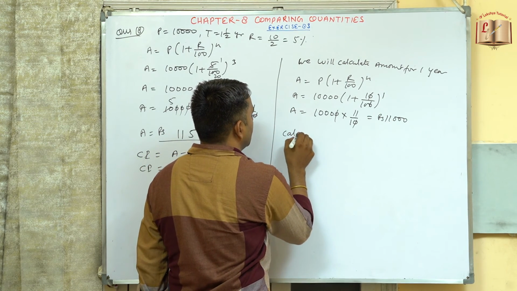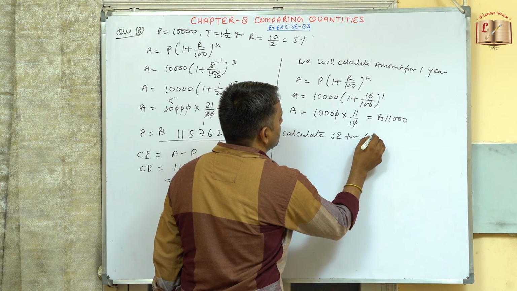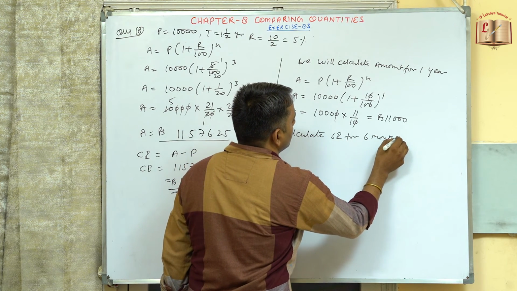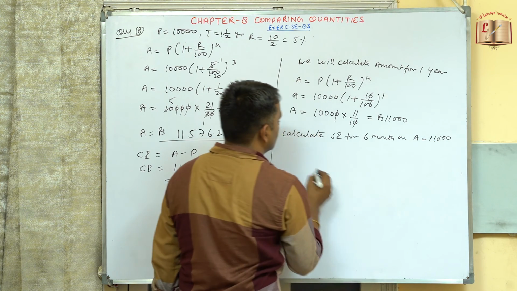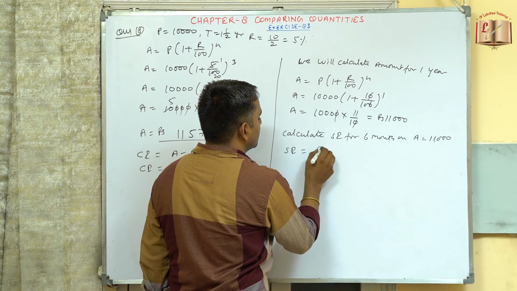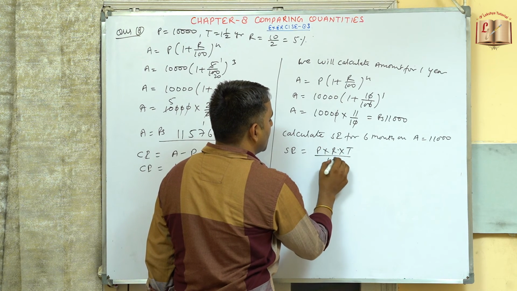Now we will calculate the SI for 6 months on A equals 11,000. So SI equals P into R into T by 100.